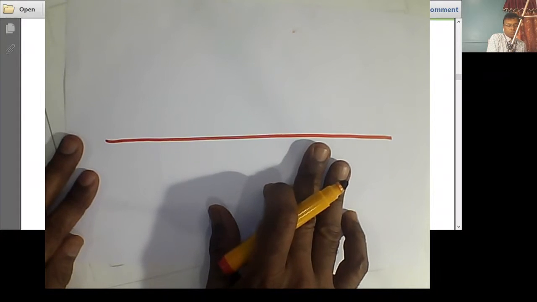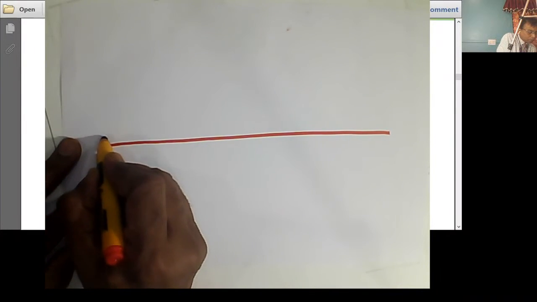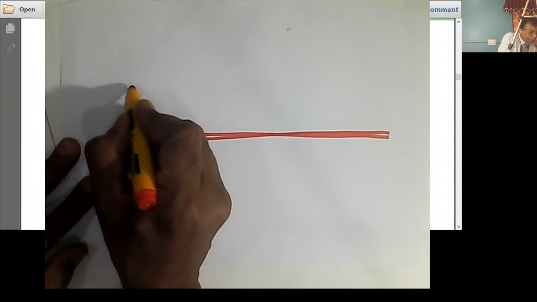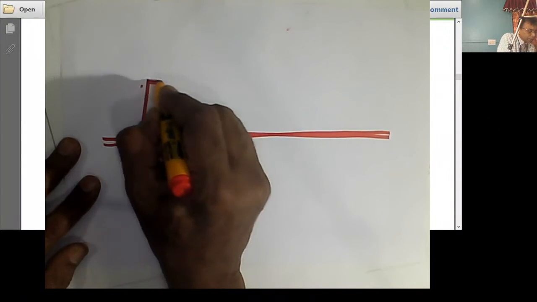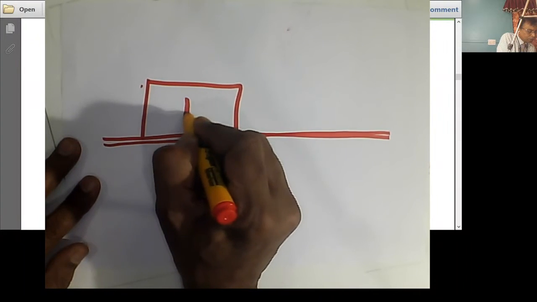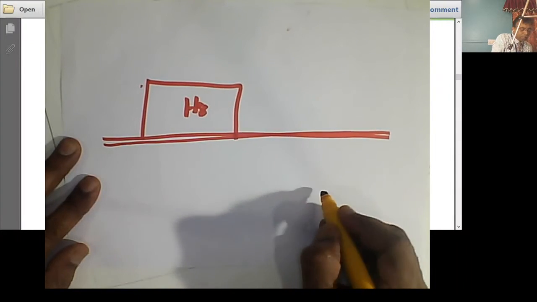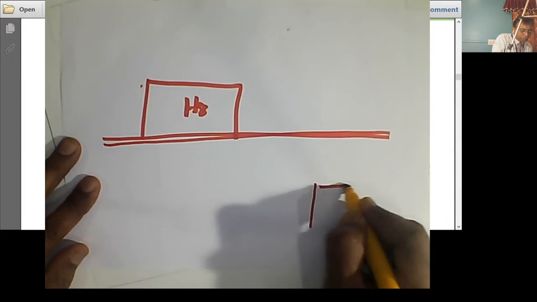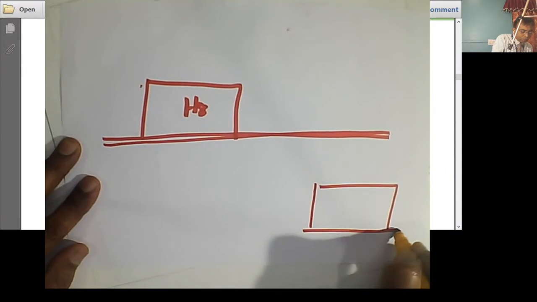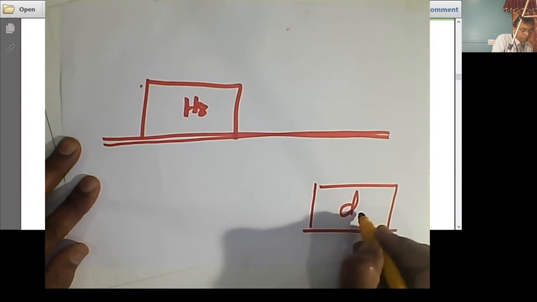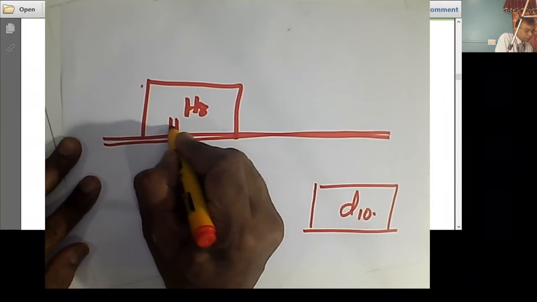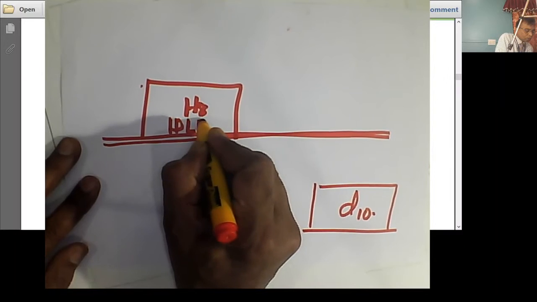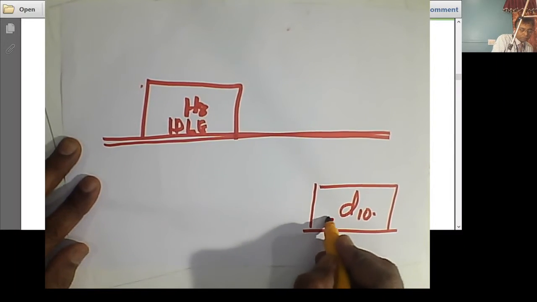Let me make it horizontal for you. H hole, it says 30H8. This is H8. He says D shaft. D shaft is below the XY line. D10. This is the hole. This is the shaft.